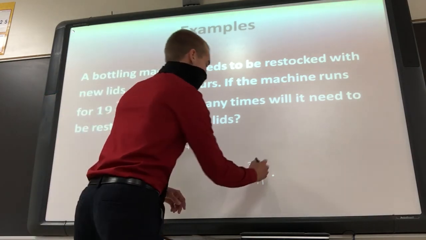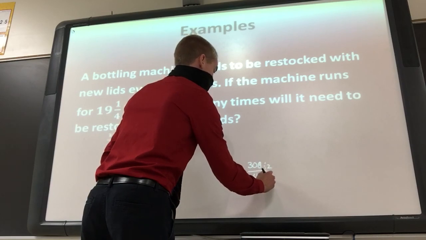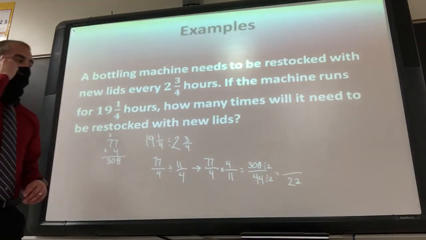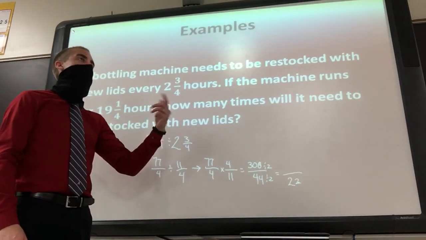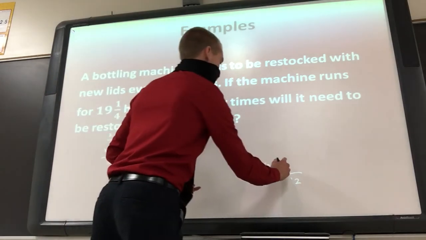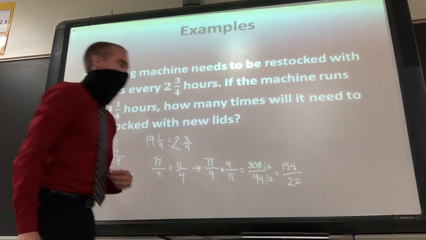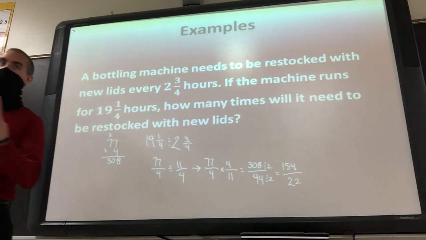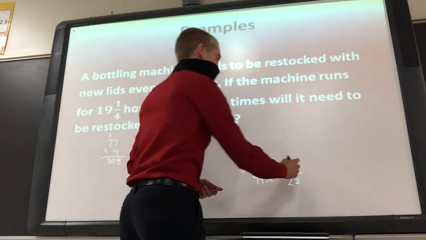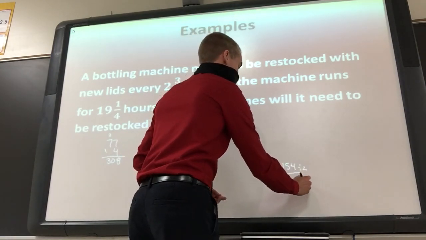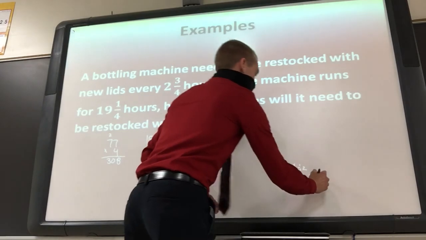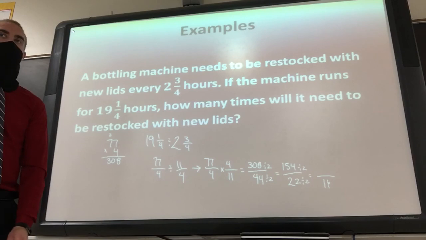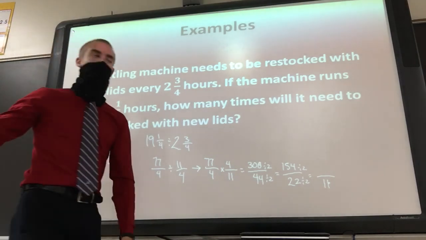So 308 divided by 2. 44 divided by 2 would be 22. 308 divided by 2 would be 154. Can we divide 154 and 22 by the same thing? Yeah. By 2 again. So divide these by 2 one more time. 154 divided by 2 is 77.